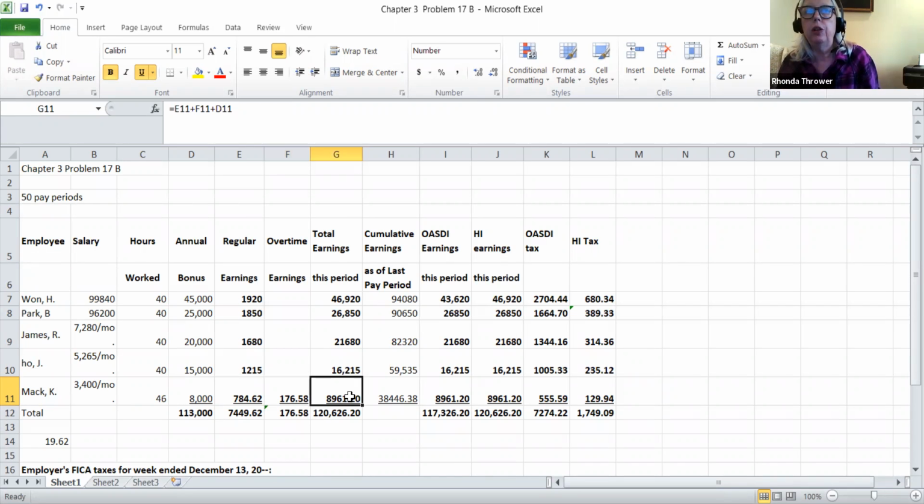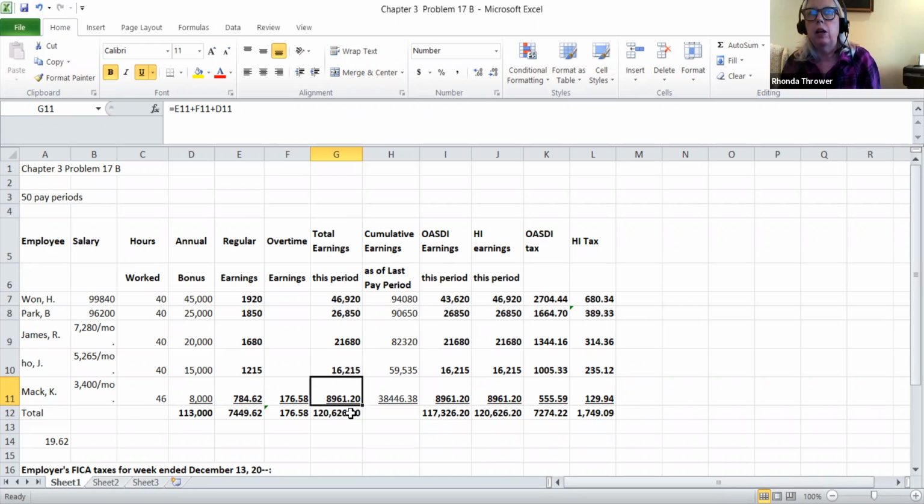So the total earnings for this employee was the regular earnings plus the bonus plus the overtime earnings that he made. All those would be subject to the OASDI tax of 6.2% and your HI tax of 1.45%.